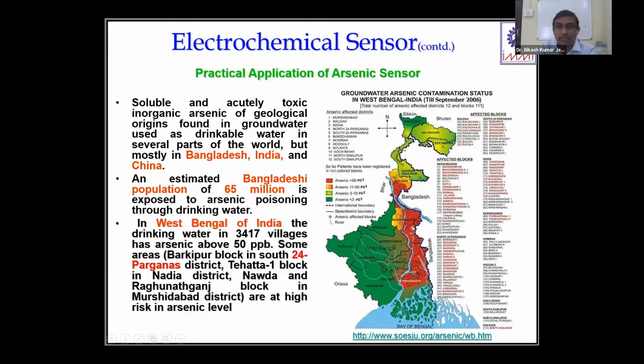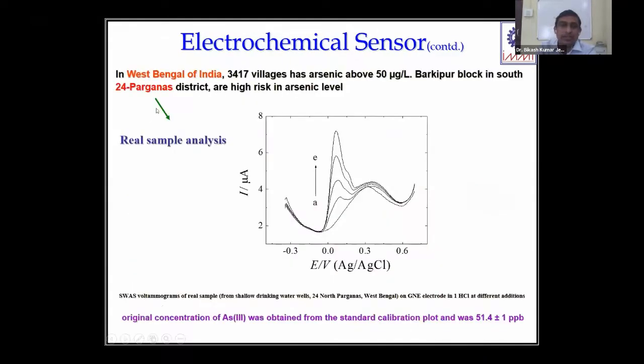We collected samples from these red affected regions, and we checked and monitored that it has around 51.4 ppb. According to the literature it was around 50, and we could detect about 51. So that means our sensor performs very well and is effective for real sample analysis.